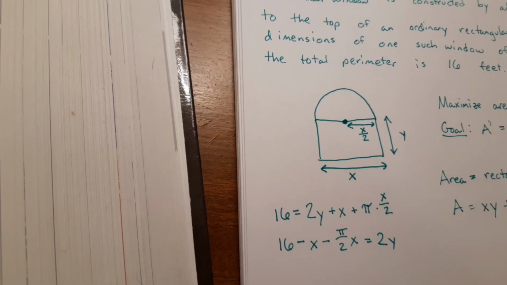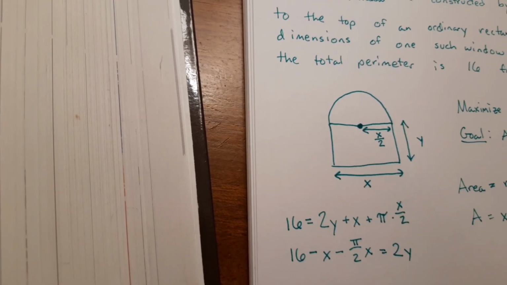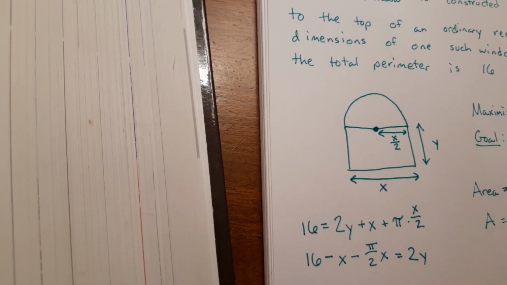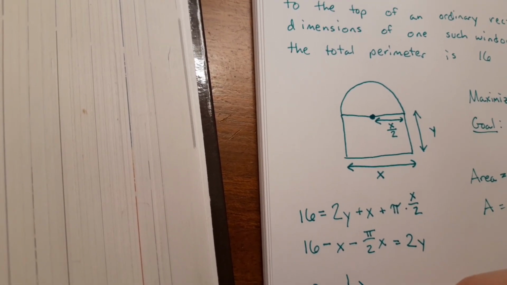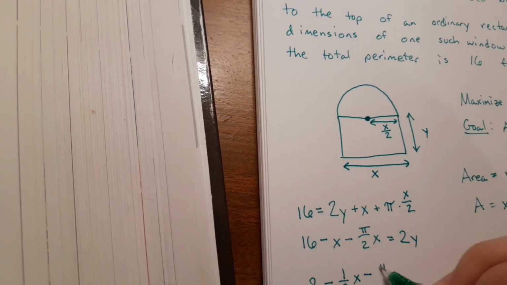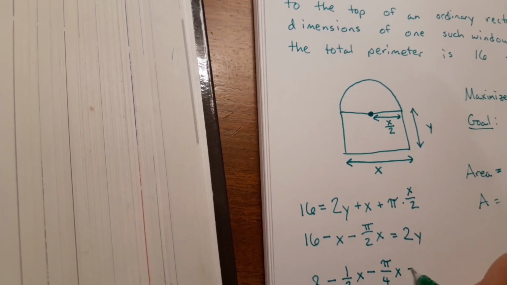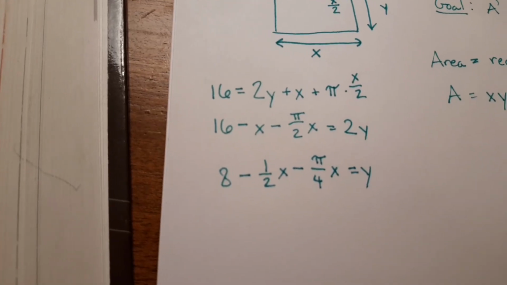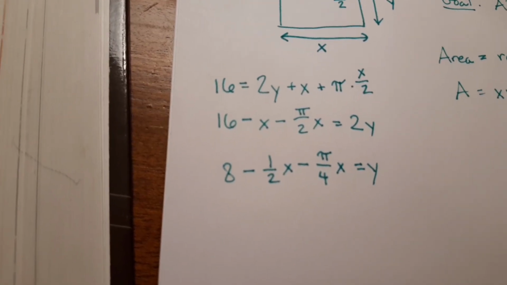And then I'm going to divide by 2. That ends up being 16 divided by 2 is 8, minus 1/2 x, minus pi over 4 x, equals y. I divided each term by 2.